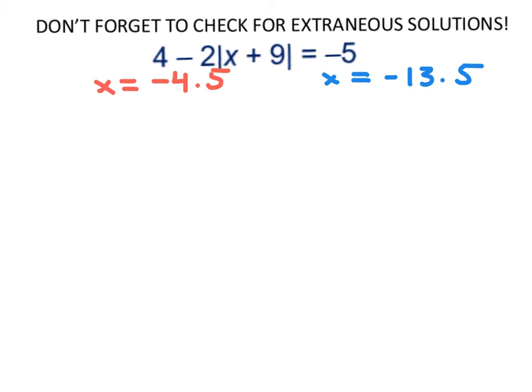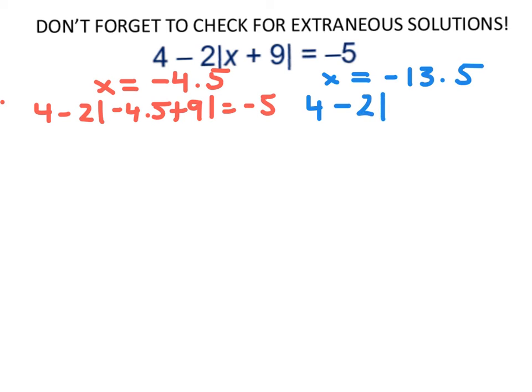So for the left side, I have 4 minus 2 times the absolute value of negative 4.5 plus 9 equals negative 5. And for the right side, I would have 4 minus 2 times the absolute value of negative 13.5 plus 9 equals negative 5.